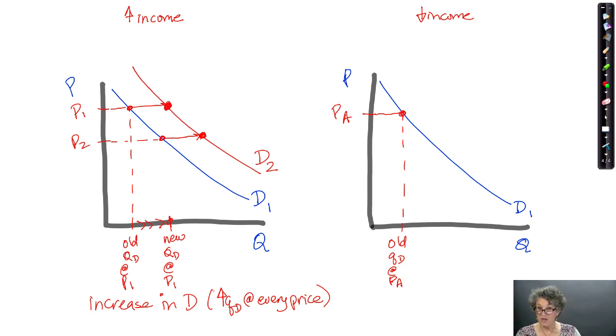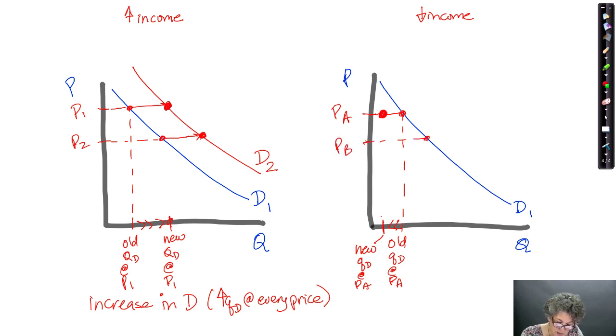And now, if incomes go down, people are not going to buy as much of whatever this product is. And so there's going to be a new quantity demanded that's smaller at that same price P sub A. So I draw that dot in. That gives me the combination of price P sub A and the new lower quantity demanded.